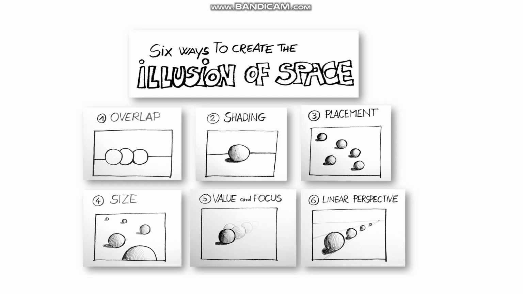The illusion here is the idea that these are sitting on a plane, on some sort of surface, and if our viewpoint is above that surface, then we know automatically that things are going to go higher up that surface the further away they go. So vertical positioning, otherwise known as placement, but I prefer vertical positioning because it's more specific.